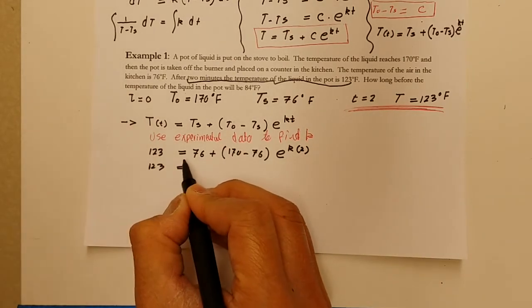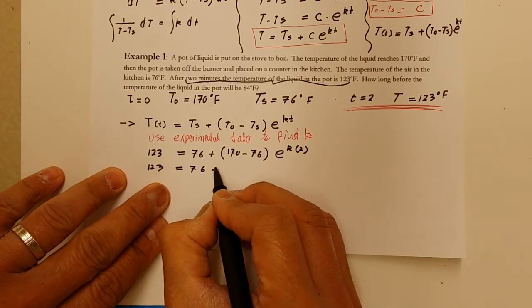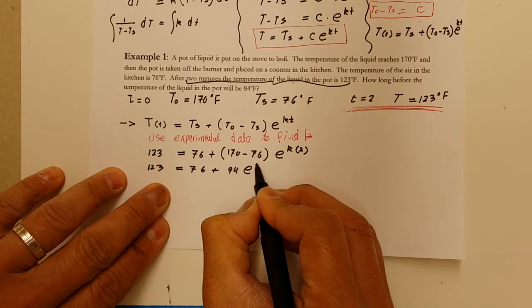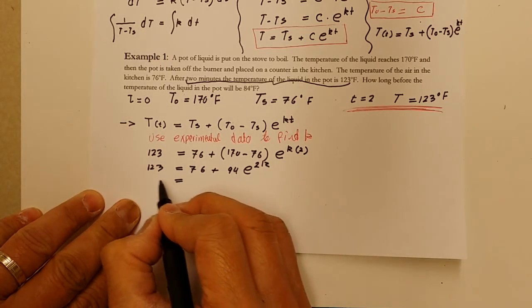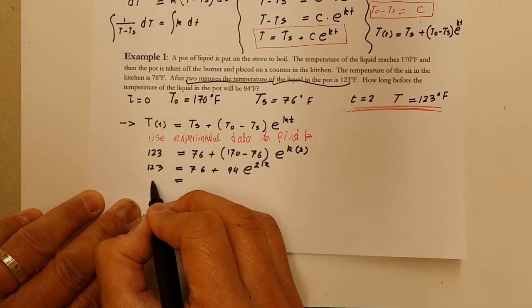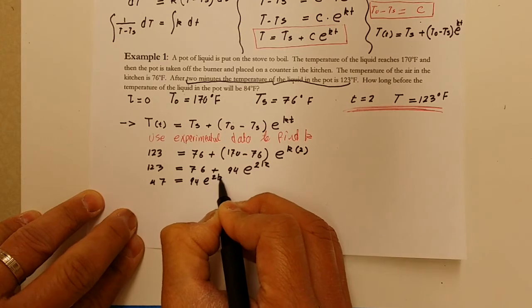123. Clean this up. We're gonna get 76 plus 94 e to the 2k. This gives us 47 equals 94 e to the 2k.